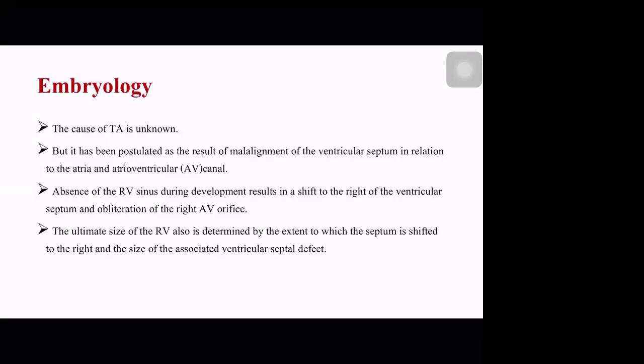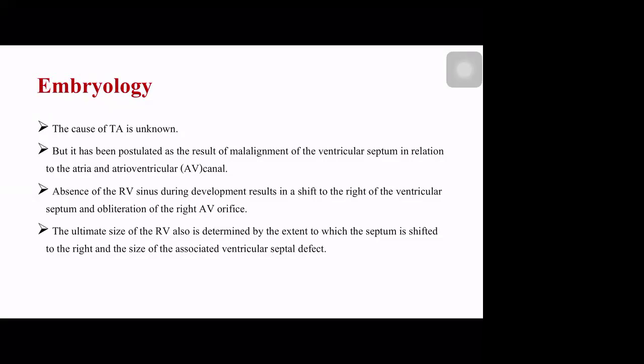Coming to the embryology, little is known about the detailed embryological background of the development of tricuspid atresia, but it has been postulated that it occurs as a result of malalignment of the ventricular septum in relation to the atria and the atrioventricular canal.